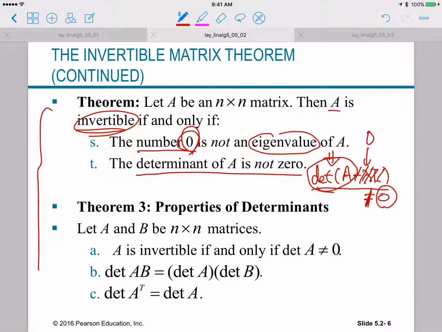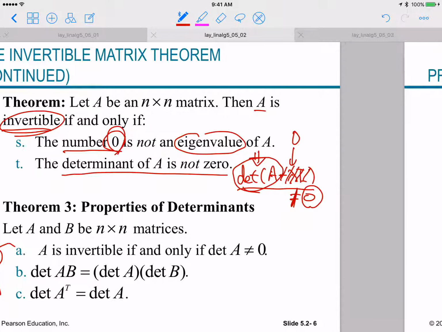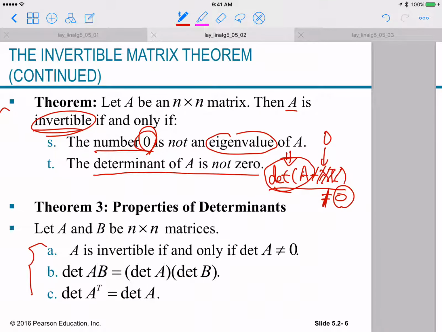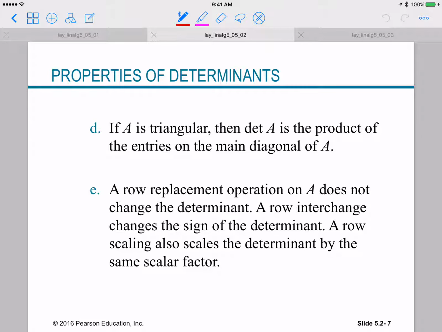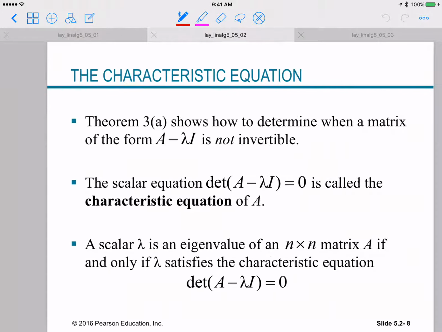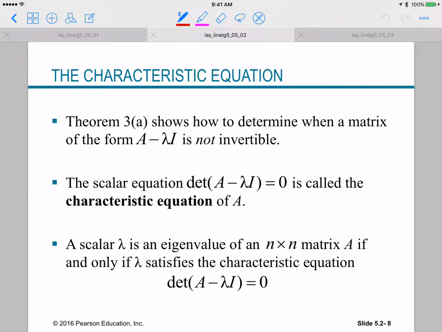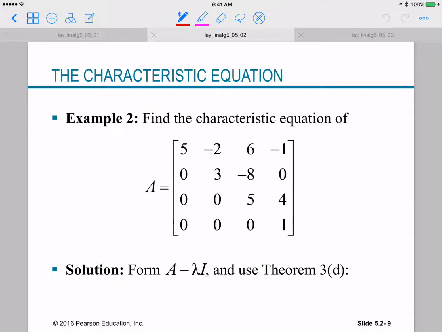Okay, these are what we covered last time in the determinant part. Now let's get into the characteristic polynomial. Again, we want to obtain pairs of eigenvalue and eigenvector, right?